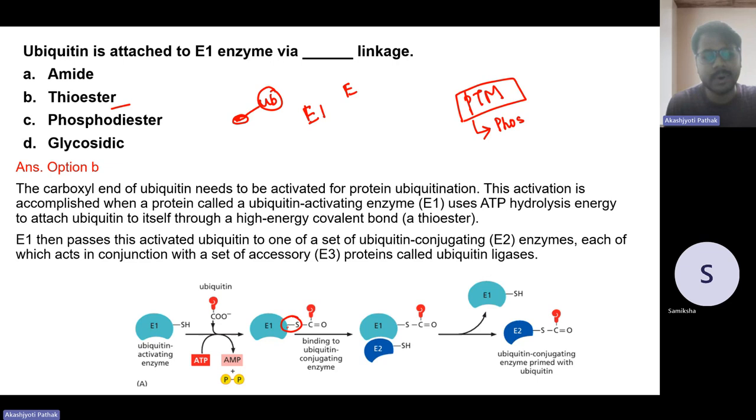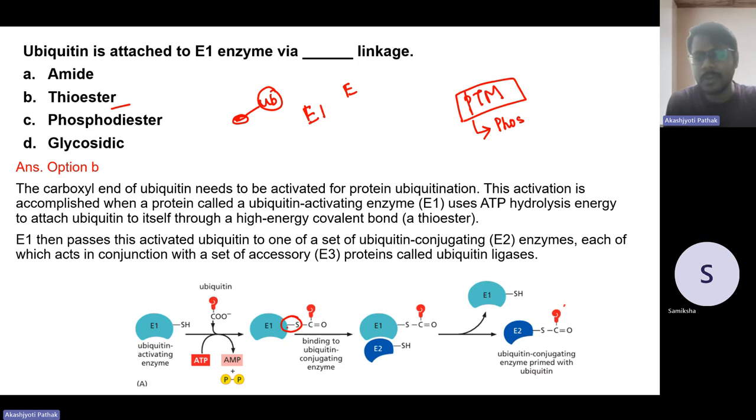This S bond you are seeing is the thioester bond. Then E1 passes the activated ubiquitin to one of a set of ubiquitin conjugating enzymes, E2. This is then transferred to E2, each of which acts in conjugation with a set of accessory E3 proteins called ubiquitin ligase. Okay.